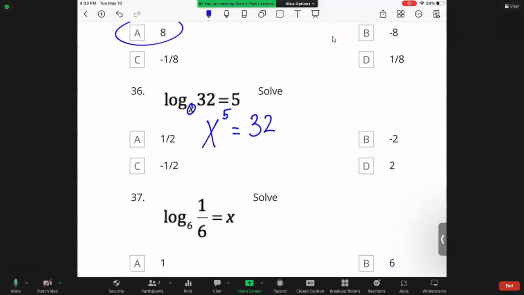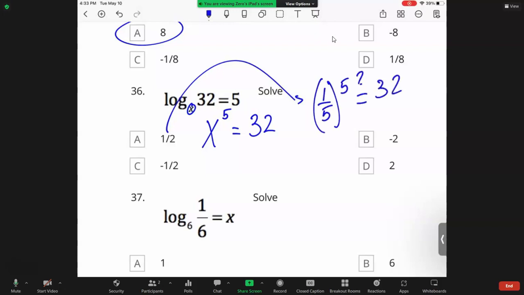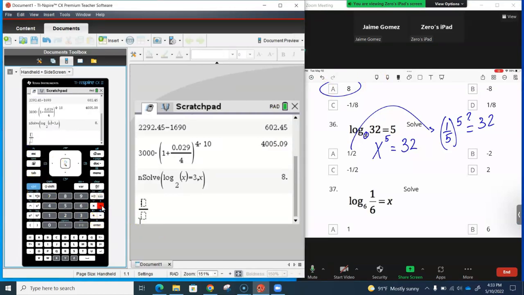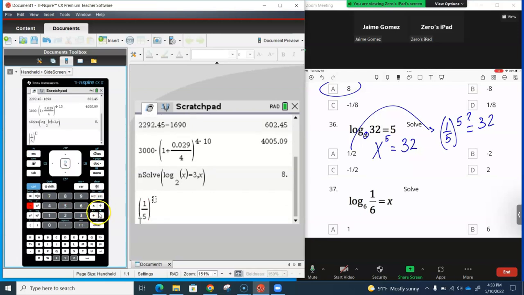So if you think it's A, then you would say that's 1/5 to the fifth power. Does that give me 32? If it does, that's the answer. If not, you keep on going on. Right? So in the calculator, control divide 1 and 5 raised to the fifth power.